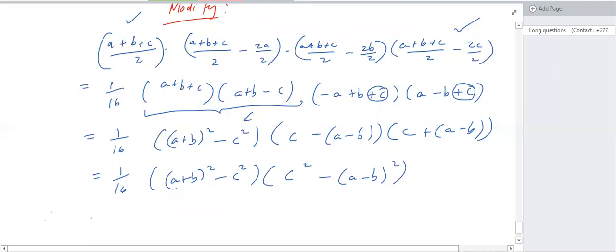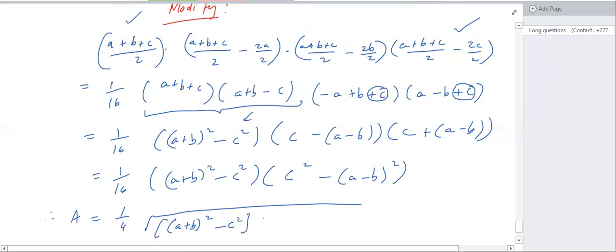Therefore, Heron's formula simplifies to, remember, we still need to take the square root of this entire thing. If we do take the square root of this entire thing, we will get quarter square root of A plus B squared minus C squared into C squared minus A minus B squared.